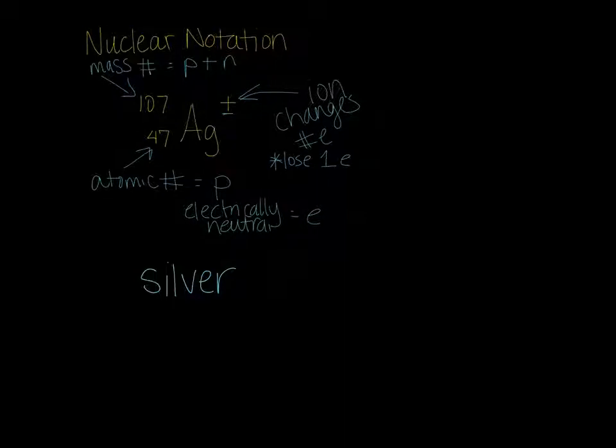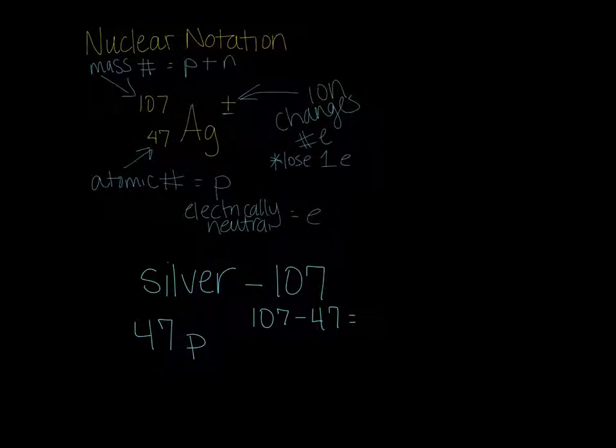And its isotope name would be silver 107, okay? It has 47 protons. It has 107 minus 47 neutrons, so we would do that, and you would get 60 neutrons. And then looking here, we would take our proton number, but we're going to lose 1 in order to make it a positive charge, so we're going to have 46 electrons.